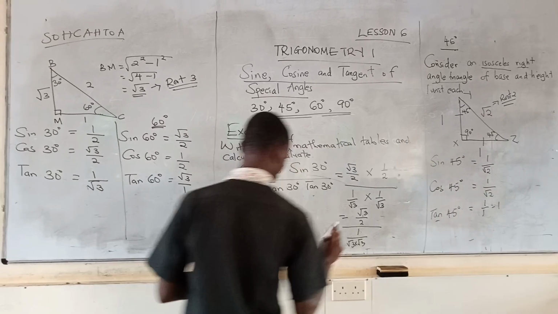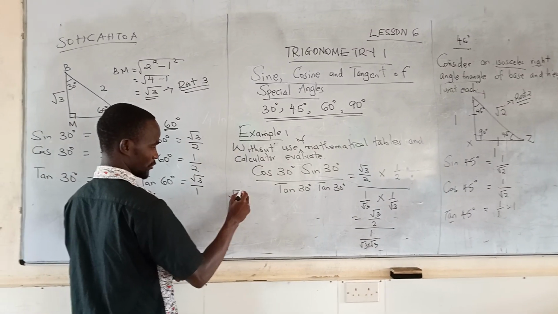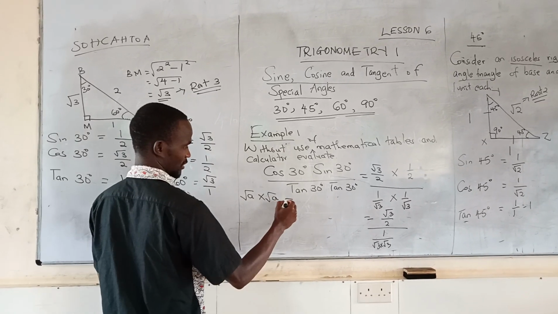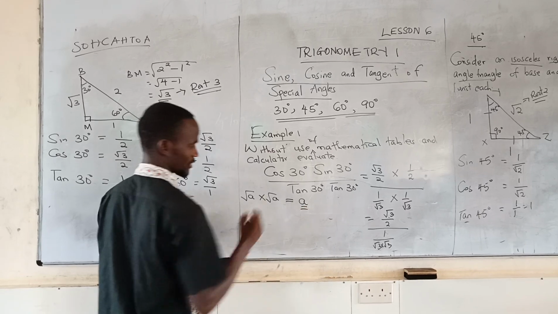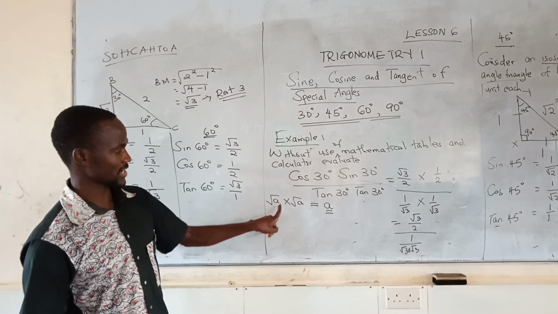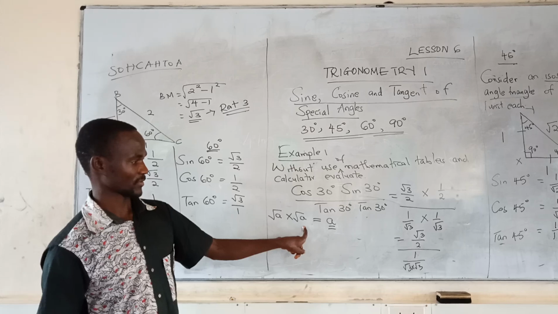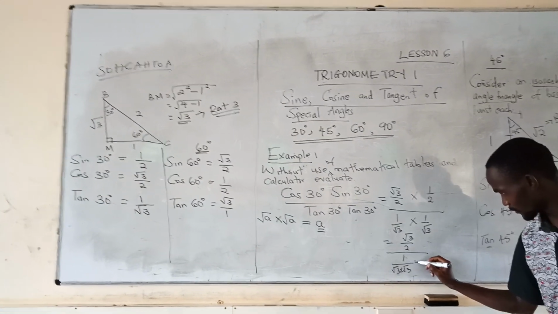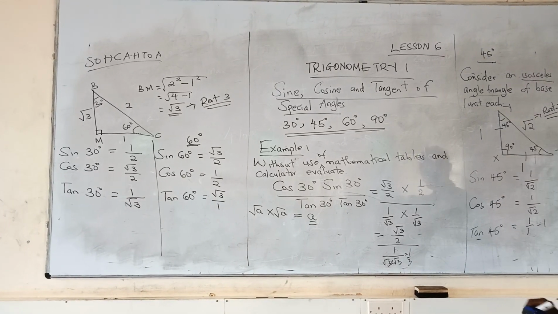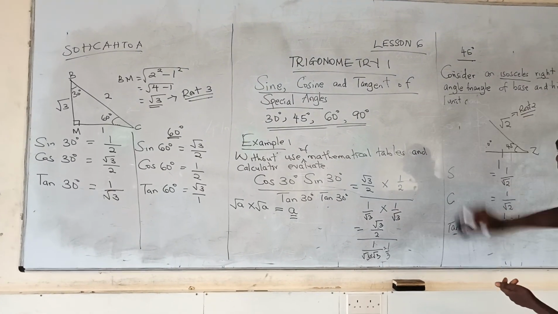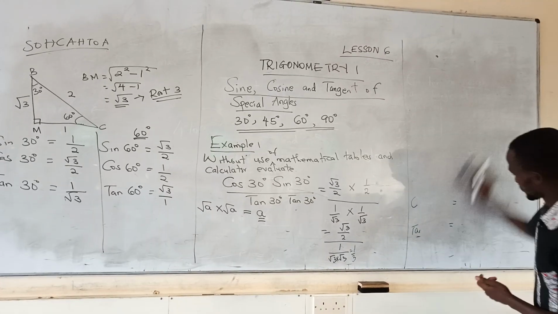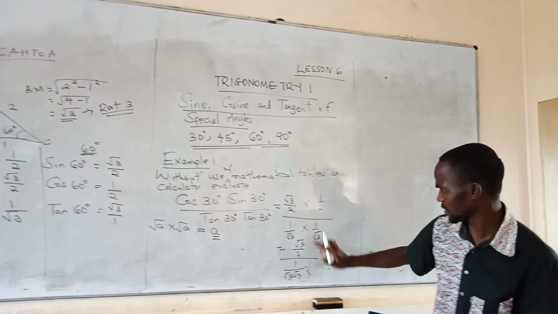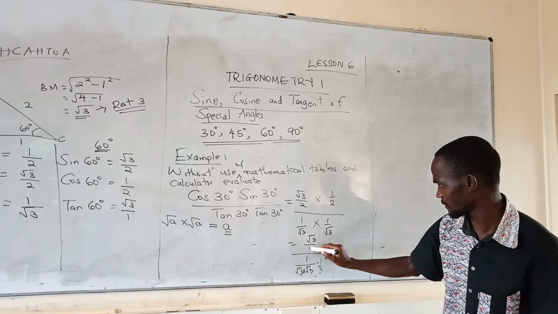And I want you to know, if for example you have root a times root a, you will get a. Anytime you have root a times root a, you have a. So basically the denominator will be 1 over 3. Sorry, the numerator is supposed to be root 3 over 4.